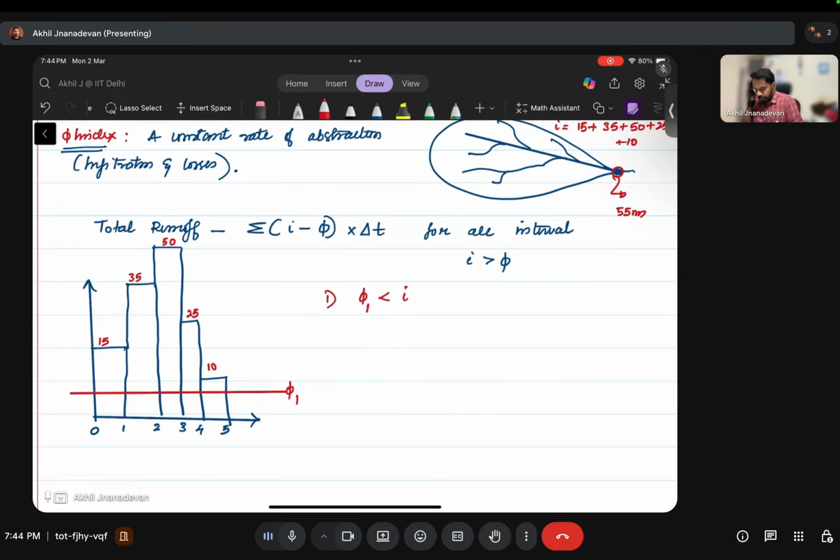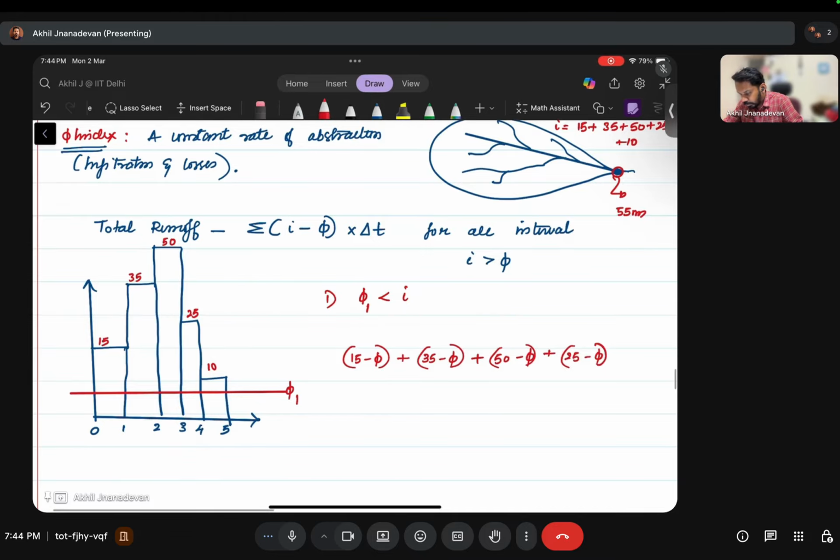Then that is 15 minus 5 plus 35 minus 5 plus 50 minus 5 plus 25 minus 5 plus 10 minus 5.